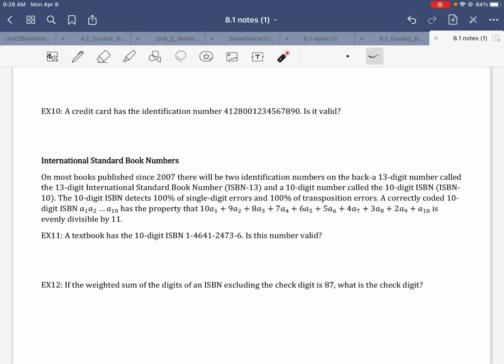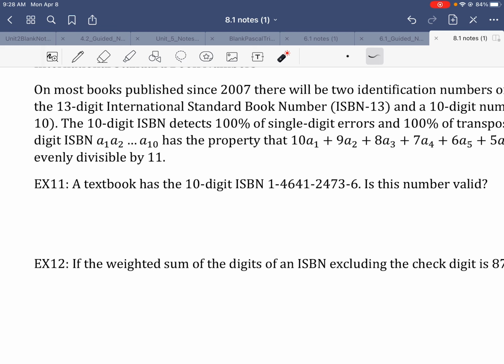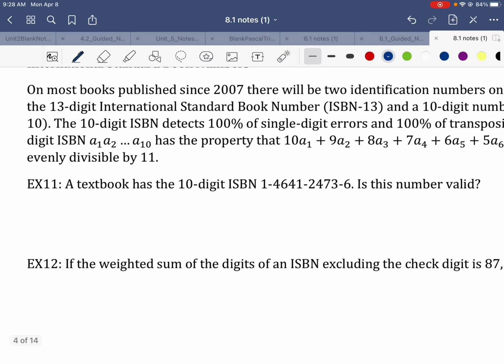Evenly divisible by 11. So let's go ahead and look at example 11. A textbook has the 10-digit ISBN of this. Is the number valid?